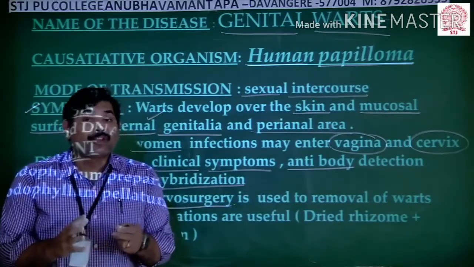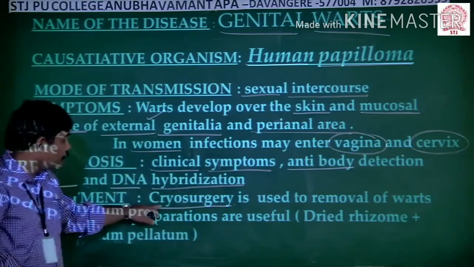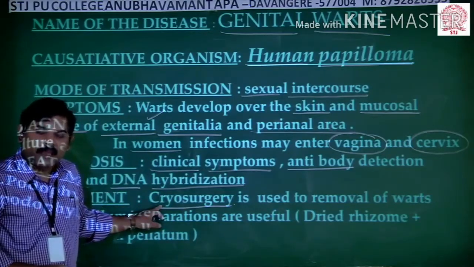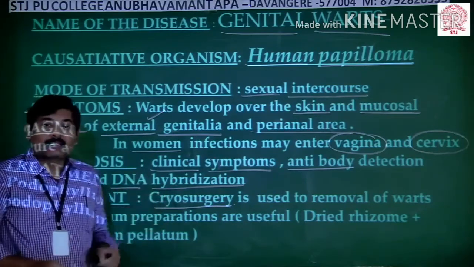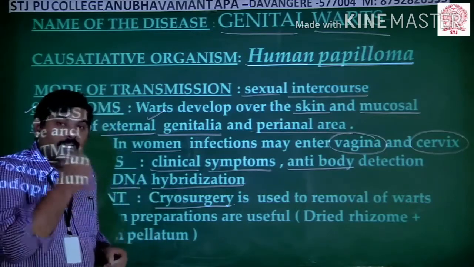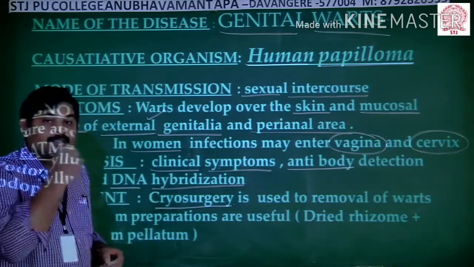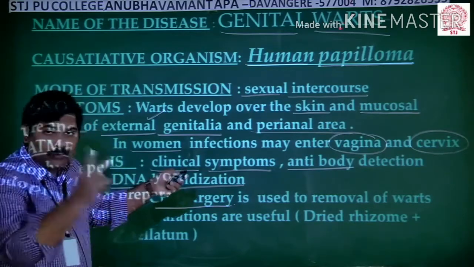But here I am introducing a new term, cryosurgery. What does cryosurgery include? In this case, special skills are required of a doctor, who will perform a minor surgery so that all these warts will be removed.